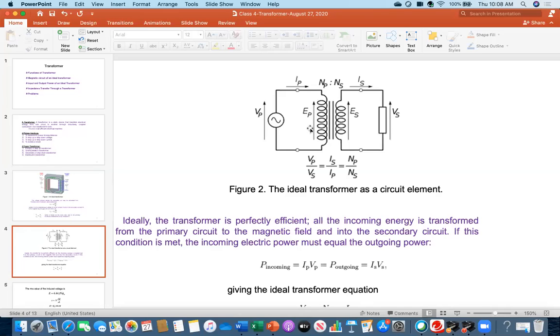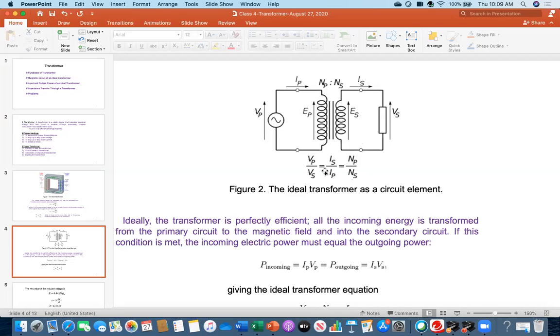But because we are discussing the ideal transformer, we are neglecting the little resistance inside these coils. Therefore, this Vp and Ep are the same. That is the assumption we are making. Number of turns Np, this side number of turns Ns. The secondary voltage is Es. We have assumed there is a load, the voltage here is Vs and the current flowing is Is.